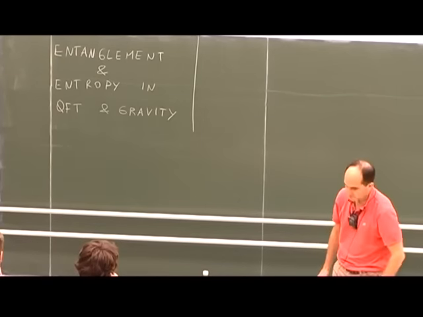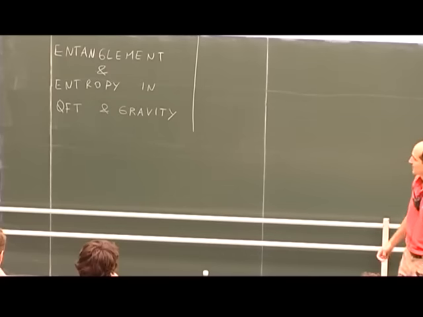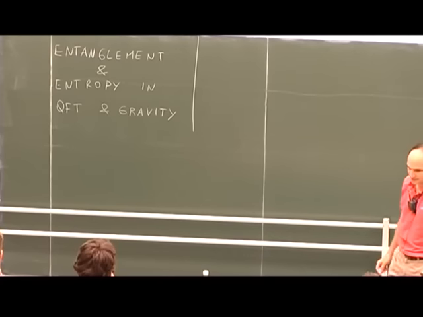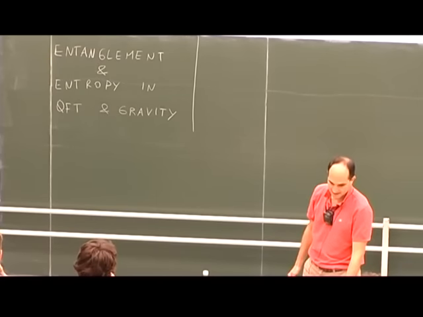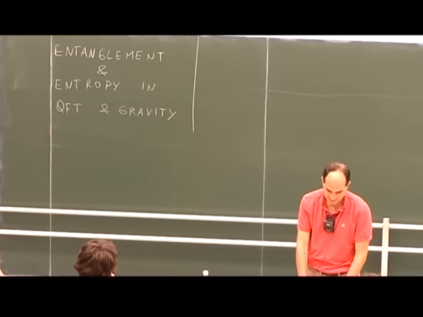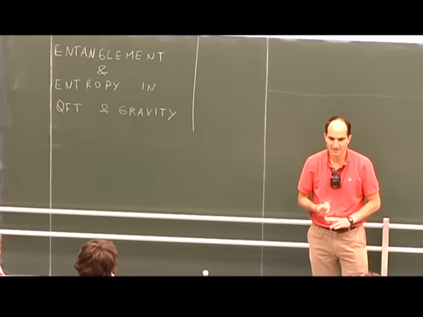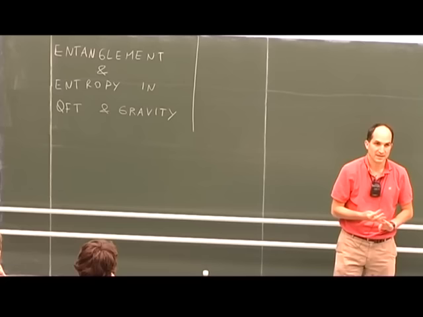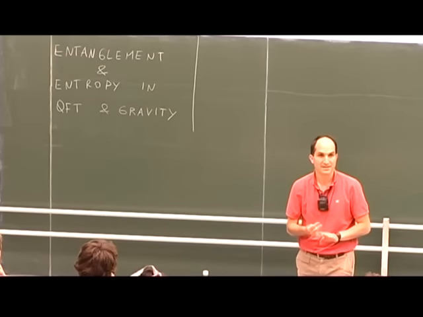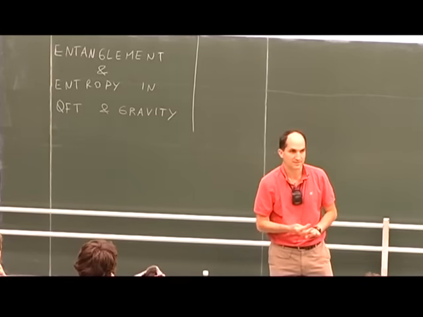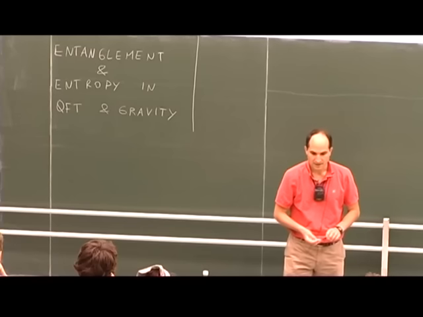Okay, so today we'll discuss some aspects of entanglement and entropy in quantum field theory and gravity. My particular motivation is to understand better black holes. But actually the same techniques are also useful for understanding better the structure of relativistic quantum field theory.